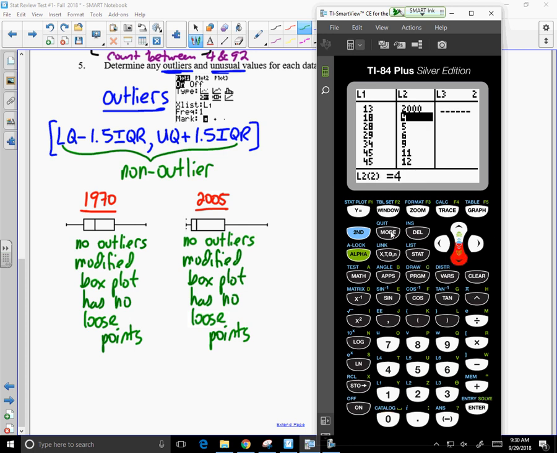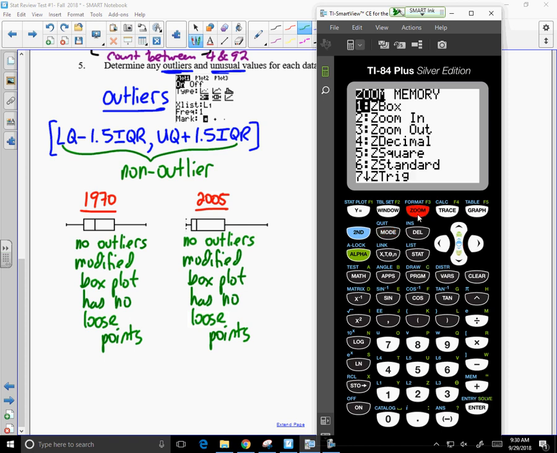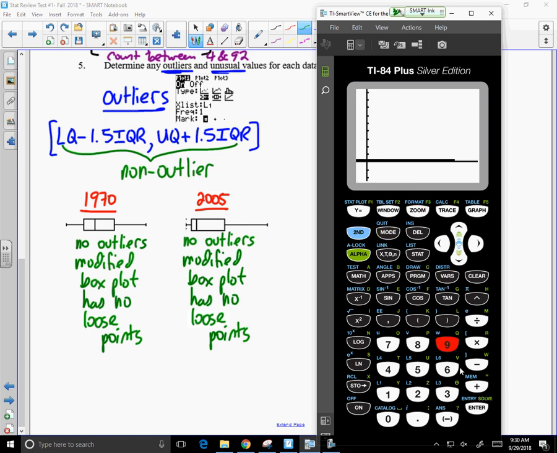Obviously, an increase of 2,000 per 1,000 live births doesn't make sense, but we'll go with it anyway. All right, so you have this loose point over here. No problem.